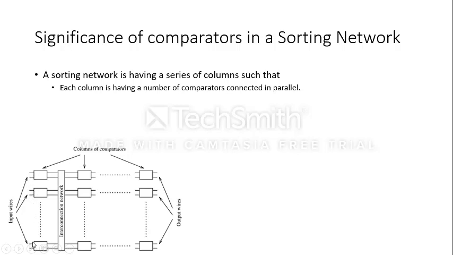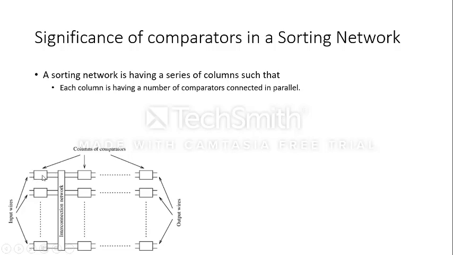Now these sets of bytes are given as input to these comparators. The first line is given as input to this comparator, the second two bytes are given as input to the next comparator, and so on. Whatever output is generated by these comparators, either in ascending or descending order, is again shown as horizontal lines, which are again bytes.